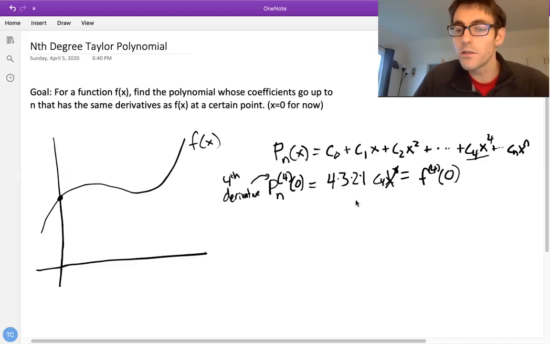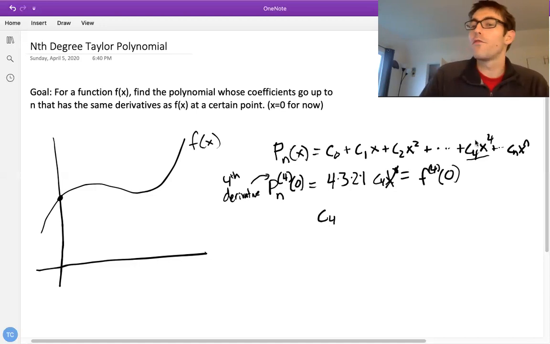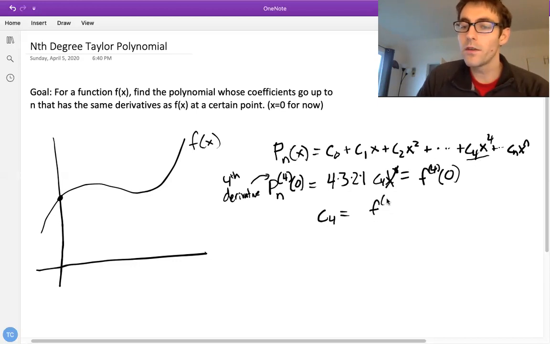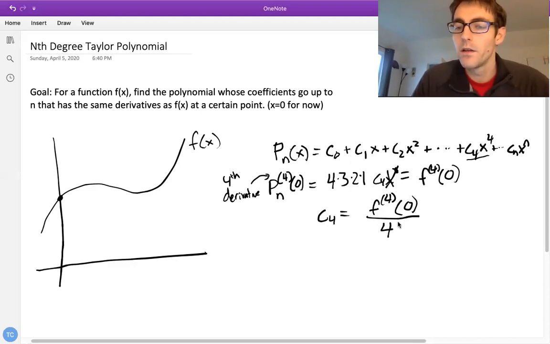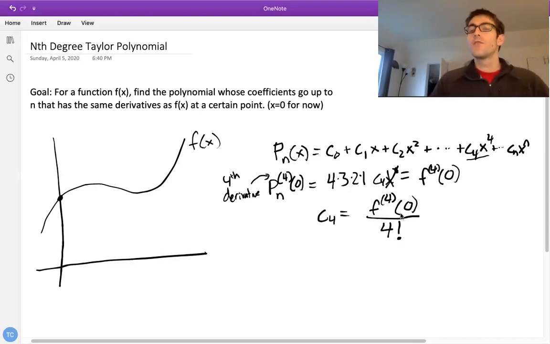In other words, our C4, the fourth term in this polynomial, should be the fourth derivative of f of x evaluated at 0 divided by this 4 times 3 times 2 times 1 part. And you may recognize that this is the factorial. So this is the term that goes in the fourth position in our function here.